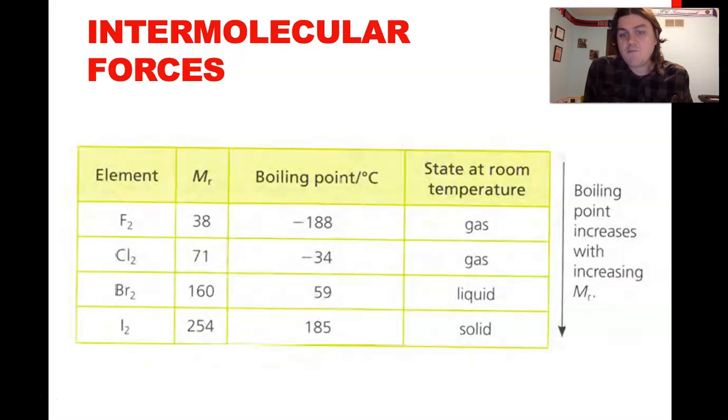Bromine is a liquid at room temperature, so still a low melting point, but its boiling point is getting a little higher. And iodine is a solid, which means it actually has a higher boiling and melting point. You can see how boiling point is changing here. One of the two middle columns has the boiling point information in degrees Celsius. Mr stands for the relative mass of the molecule.